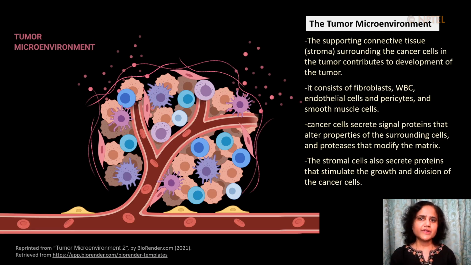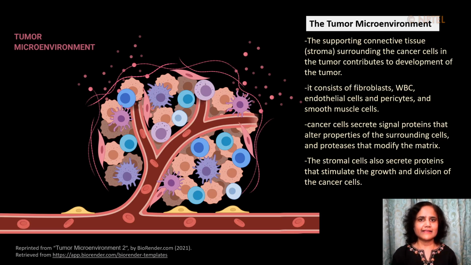Now, the supporting connective tissue or stroma surrounding the cancer cells in the tumor is also referred to as the tumor microenvironment. It also contributes to the development of the tumor. The tumor microenvironment consists of fibroblasts, white blood cells, endothelial cells, and smooth muscle cells.